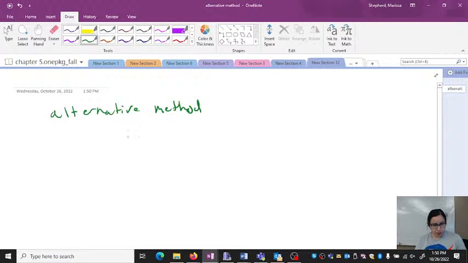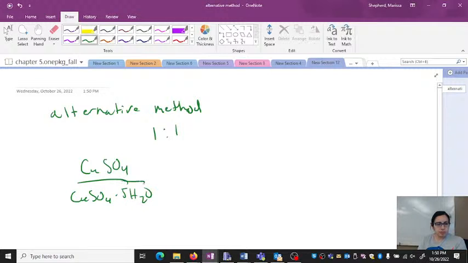So you could also set up a proportion, which if that's easier for you, go ahead and do it. So they're in a 1-to-1 ratio. So copper sulfate to copper sulfate pentahydrate. And so then you could set up a proportion with their masses.